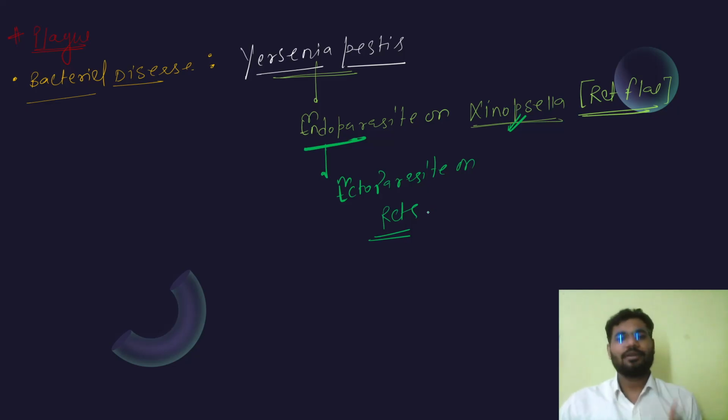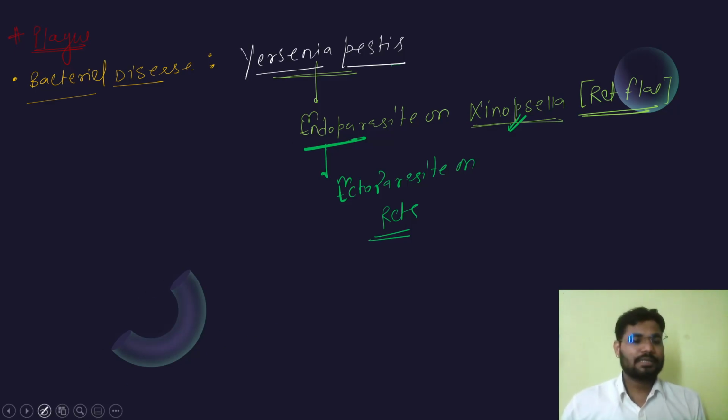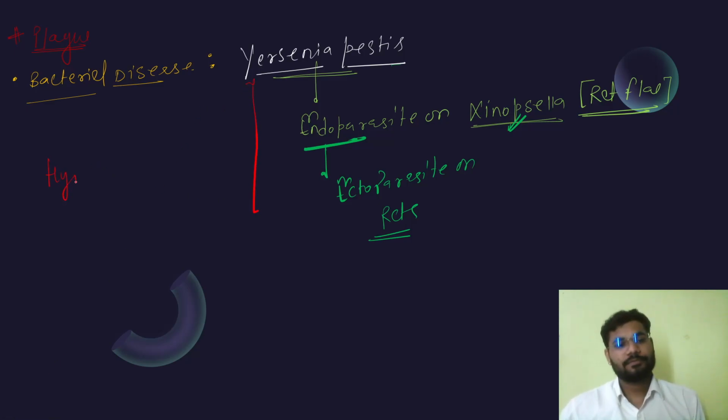So where are rats involved? Yersinia pestis is an endoparasite on Xenopsylla, the rat flea. That's fine. Xenopsylla itself is an ectoparasite on rats. So Xenopsylla is living on the rat, and Yersinia pestis is living on the Xenopsylla. Such an example makes hyperparasitism. So everyone, it shows an example of hyperparasitism.